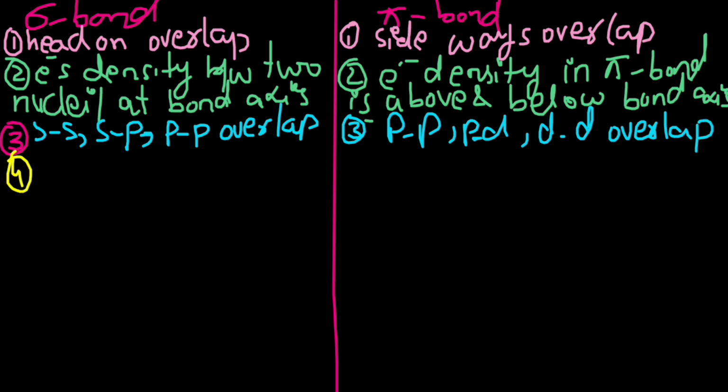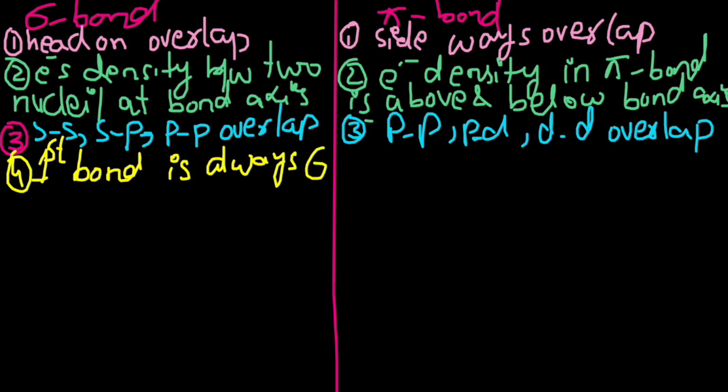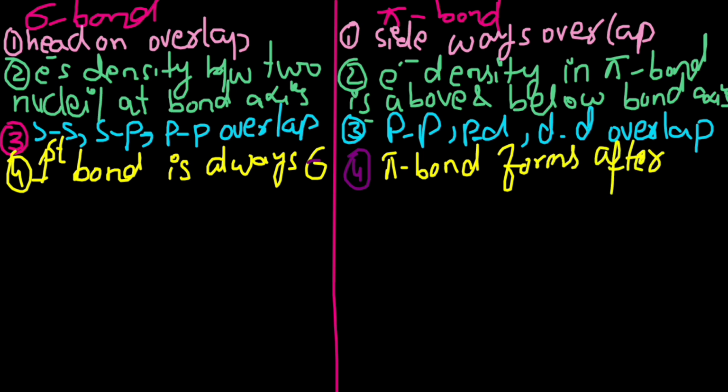Fourth point of difference is the first bond is always sigma between two atoms, while pi bond forms after sigma bond.